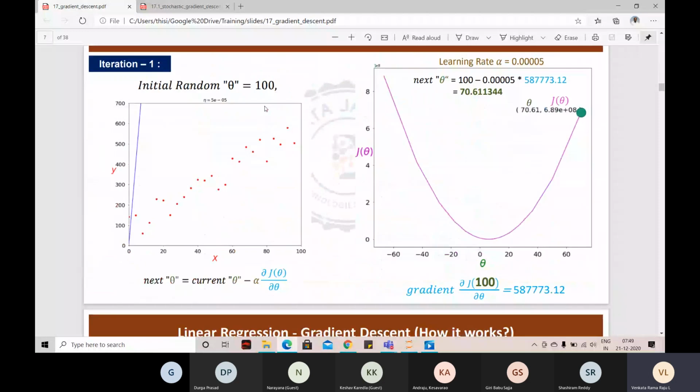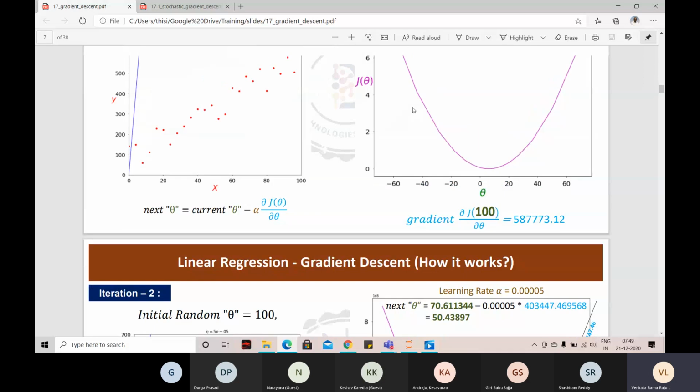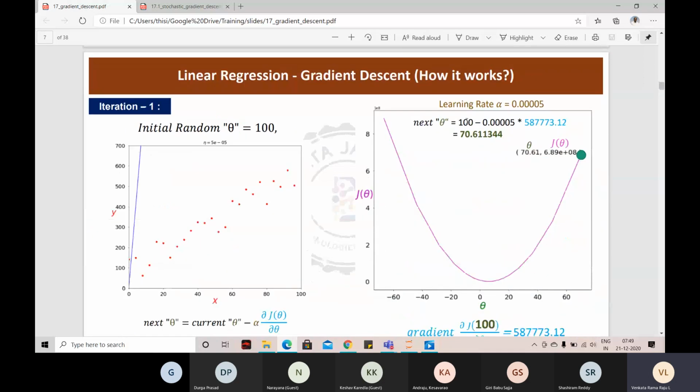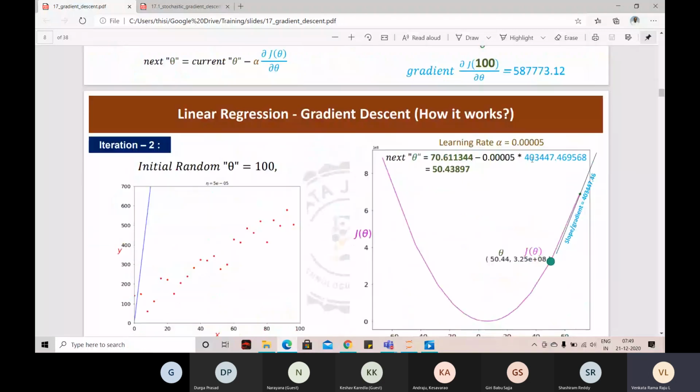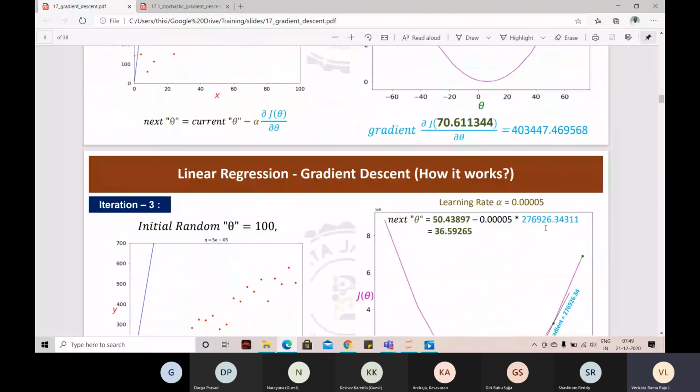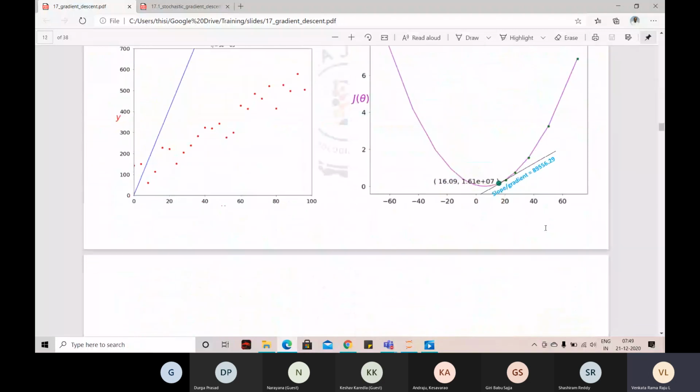So I started with 100 and then tried to show current theta minus alpha into the derivative of the cost: slope of the cost function at 100, slope of the cost function at 70, slope of the cost function at whatever, right? Like that I reduced and reached the global minimum.